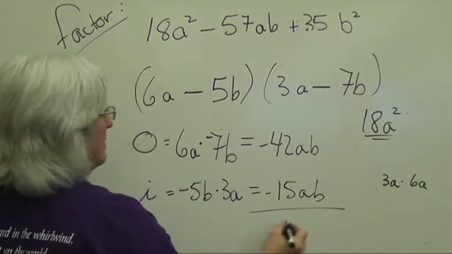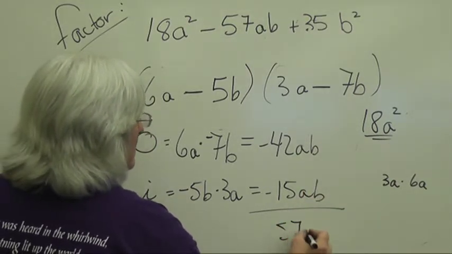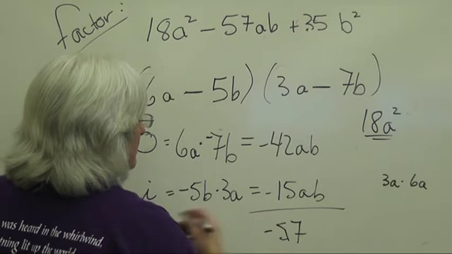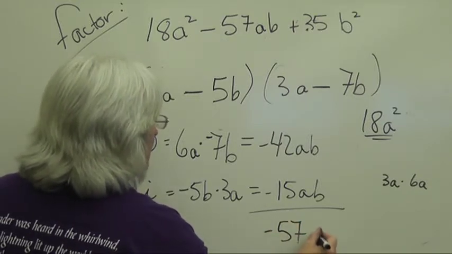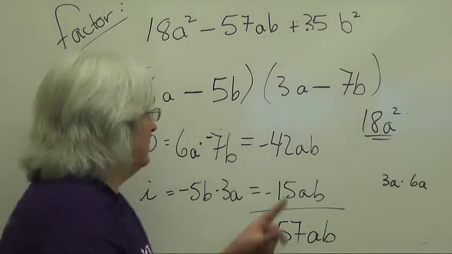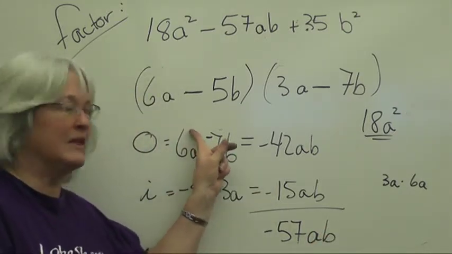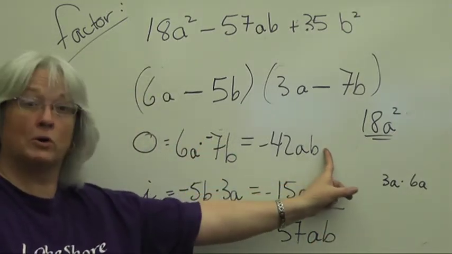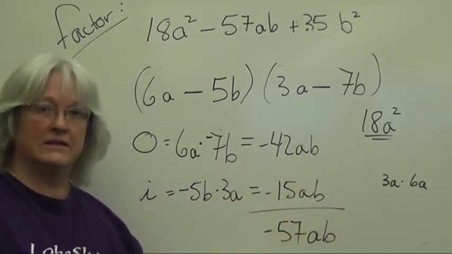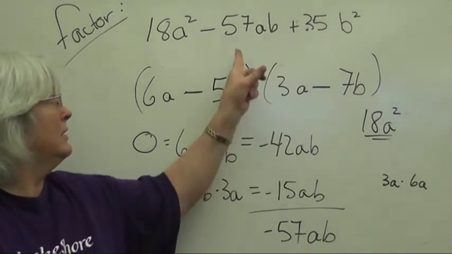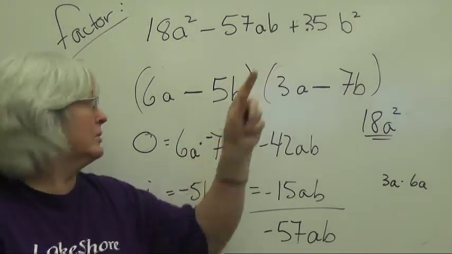You sum these, and you end up with a negative 57ab. The sum of the outer partial product and the inner partial product is a negative 57ab, which is this center term that we're looking for.